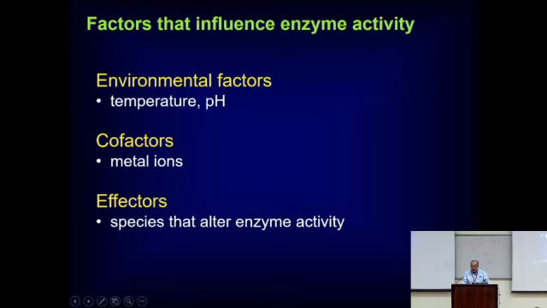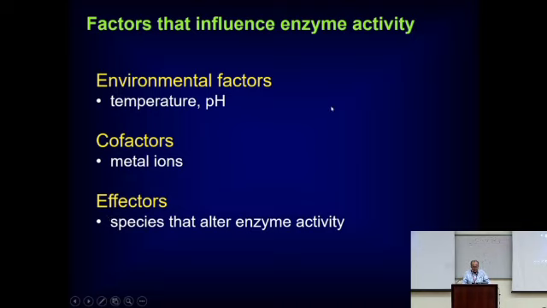Some enzymes require allosteric effectors that can change the activity. They bind to a site besides the substrate binding site and alter how the enzyme works. So we've covered that a little bit before.